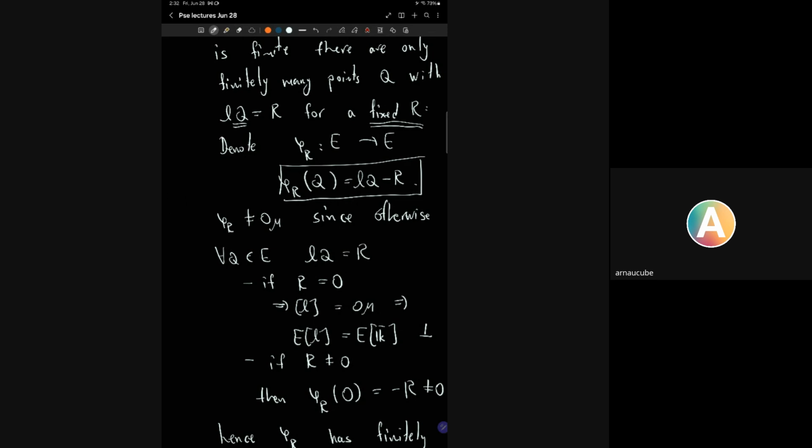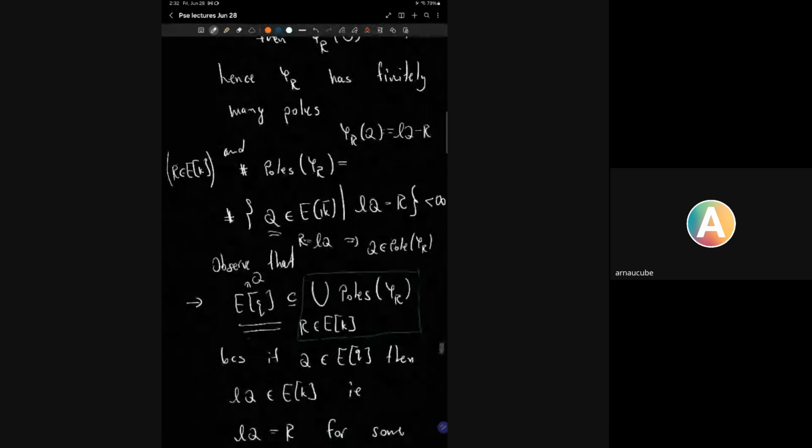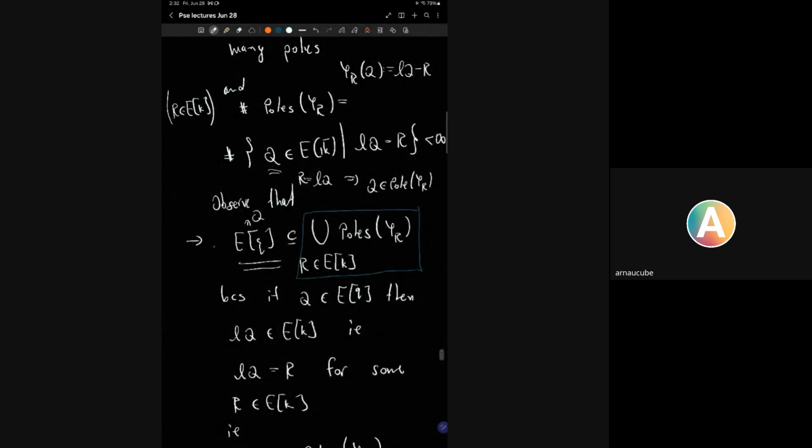It looks like just by showing that EQ can be viewed as the union of poles of phi R, and since this is finite, then EQ is finite. Yes. I'm not sure what I'm missing.